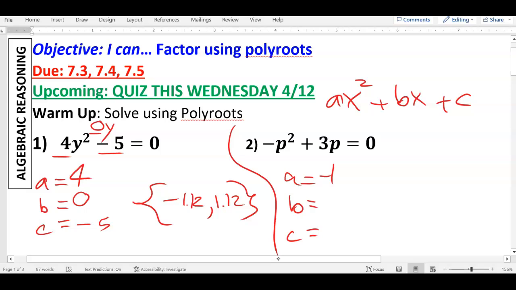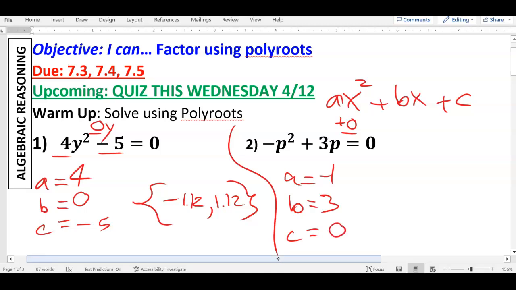All right. Now here's the deal. Do I have a number next to that by itself on the left side of the equation? No. So there's kind of like a ghost plus 0 over here because there's nothing. So what's my c? All right. 0.